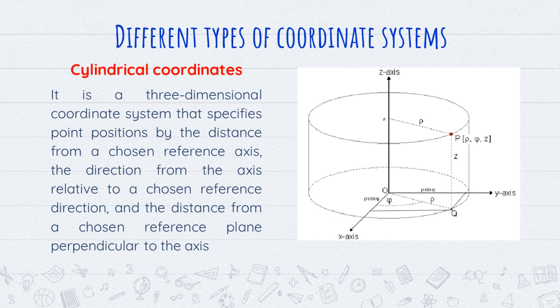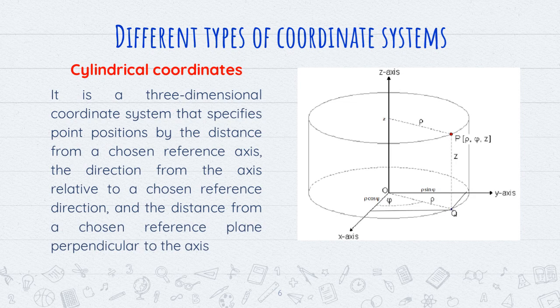In the cylindrical system, again we take the x, y and z axes for reference. Now imagine a hollow vertical cylinder of radius rho placed such that the axis of the cylinder coincides with the z axis.